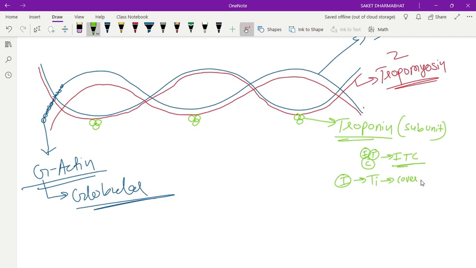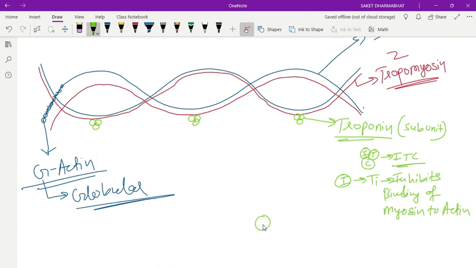Okay, I will tell. It inhibits the binding of myosin to actin.